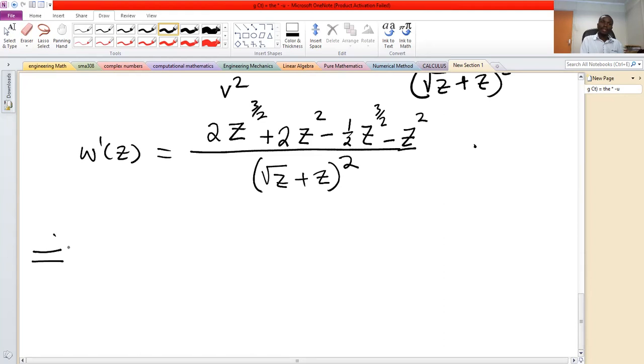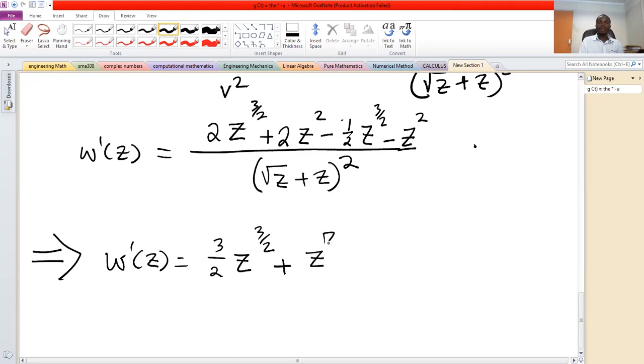So this implies that W prime of Z, now this and this will give us 3 over 2 Z raised power 3 over 2 plus, now this will be Z squared divided by square root of Z plus Z raised power 2. So that's what we have.